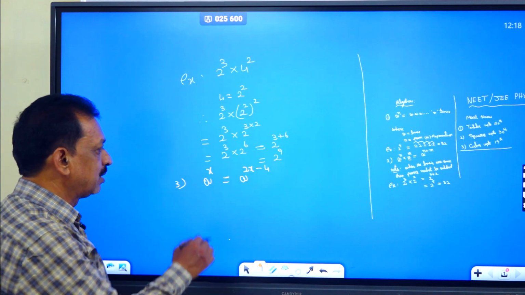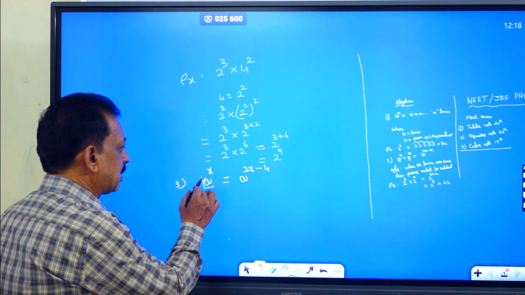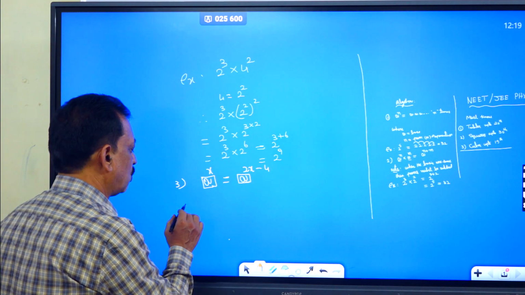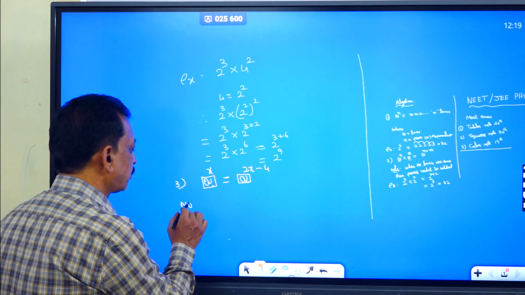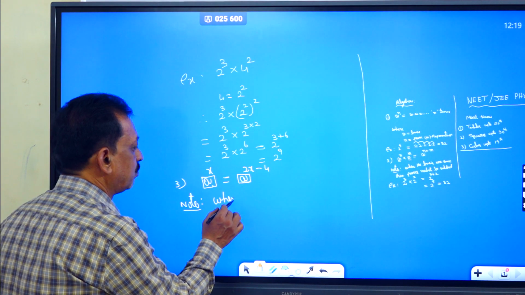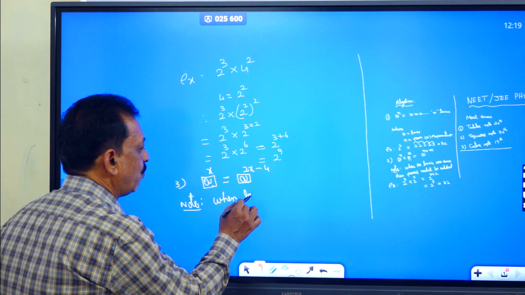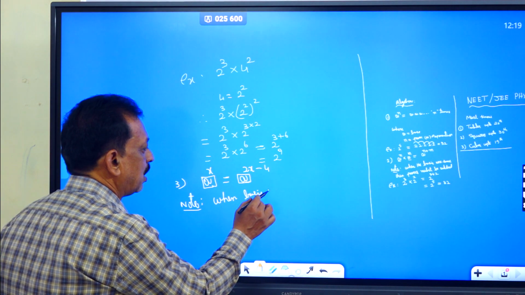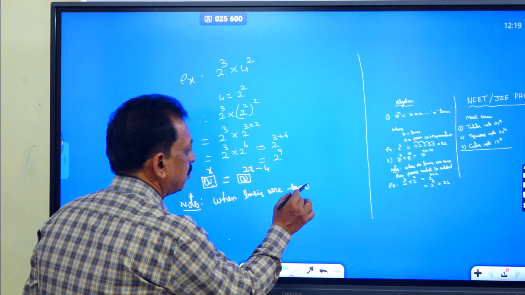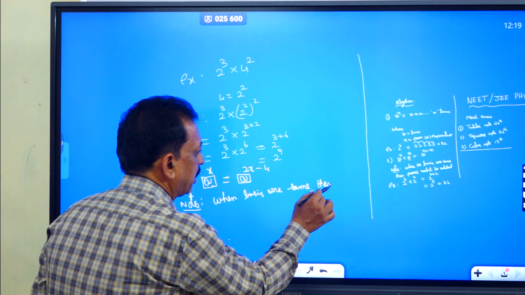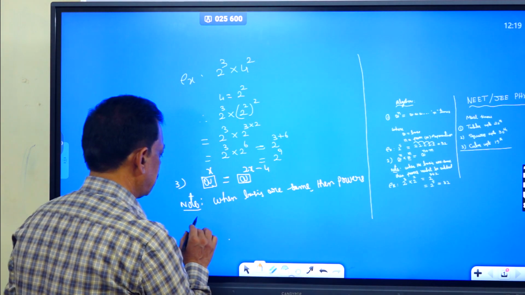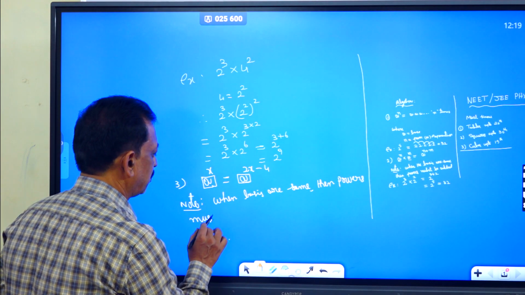In an equation, when the bases are same, powers must be equated. Write a note, all of you: when bases are same, then powers must be equated.